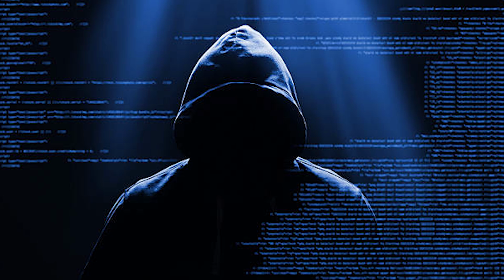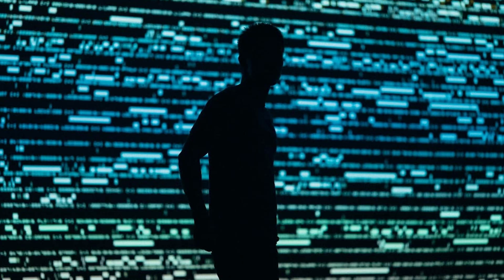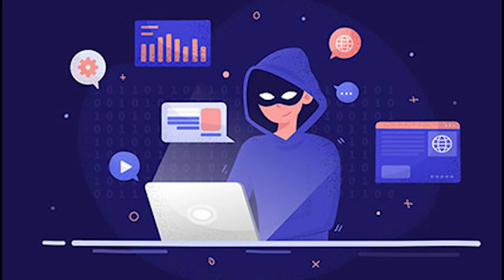The dark web is a double-edged sword, home to both criminal activities and noble causes. On the darker side, it hosts illegal marketplaces where drugs, weapons, and stolen data are traded. Cybercriminals use it to buy and sell hacking tools and services. Human trafficking rings and terrorist organizations exploit its anonymity to operate covertly. Yet, the dark web is also a haven for privacy advocates, journalists, and whistleblowers.